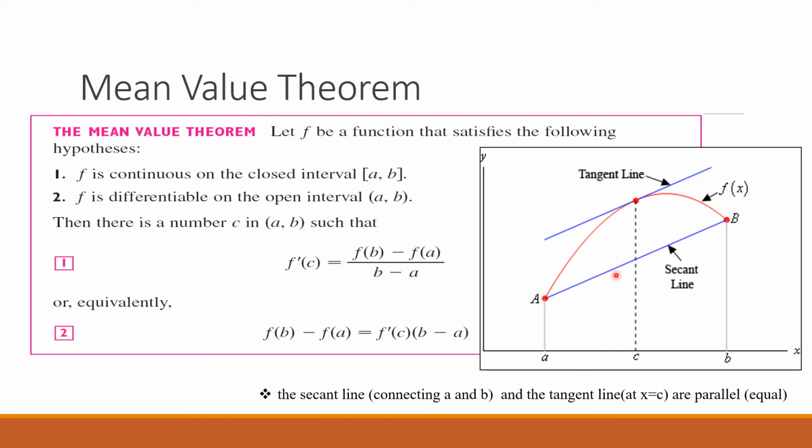You see the secant line drawn from a to b, it's parallel to the slope drawn at point c. So f dash of c equals f of b minus f of a over b minus a, which is delta y by delta x. In other words, the secant line connecting the starting and ending point of the interval and the tangent line at x equals c are parallel. Parallel means equal slopes.